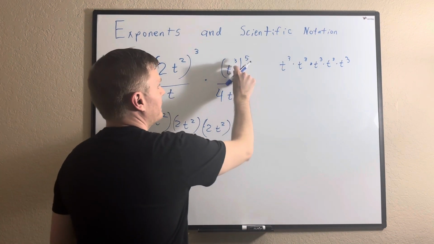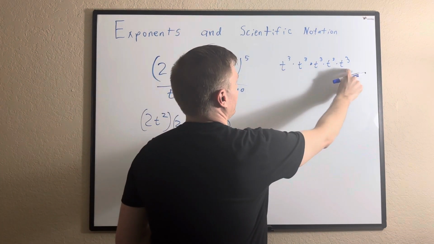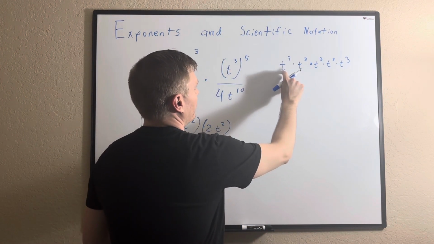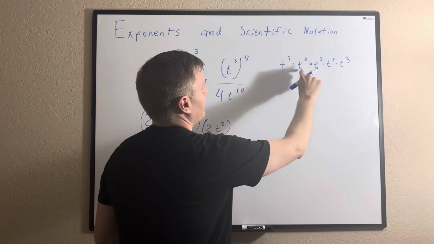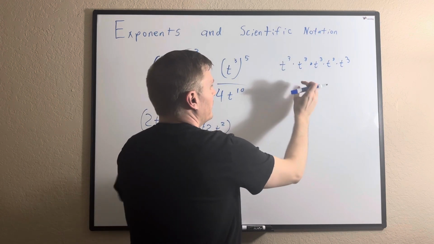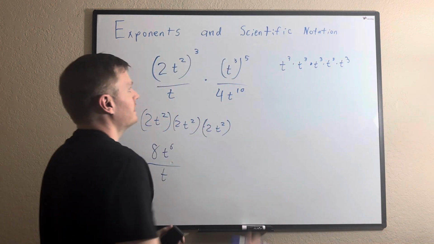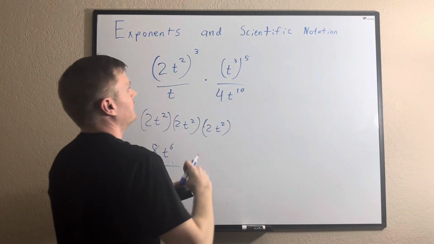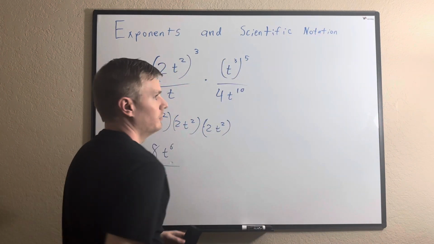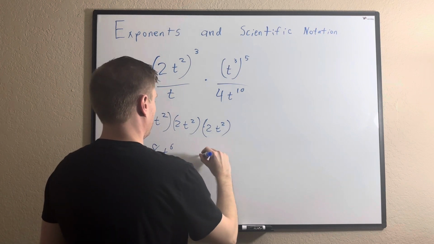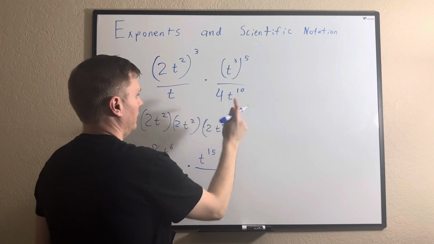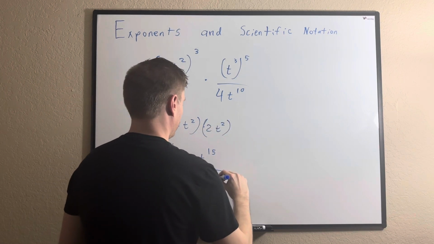We're multiplying this by itself 5 times, and each one is t to the third multiplied by itself 3 times. So that's just a whole lot of t's. But we could just multiply these together. 3 times 5 is 15. And we'll leave that the same for now.